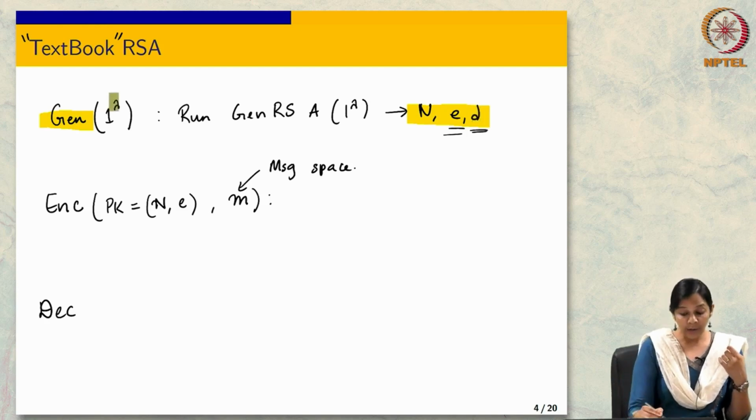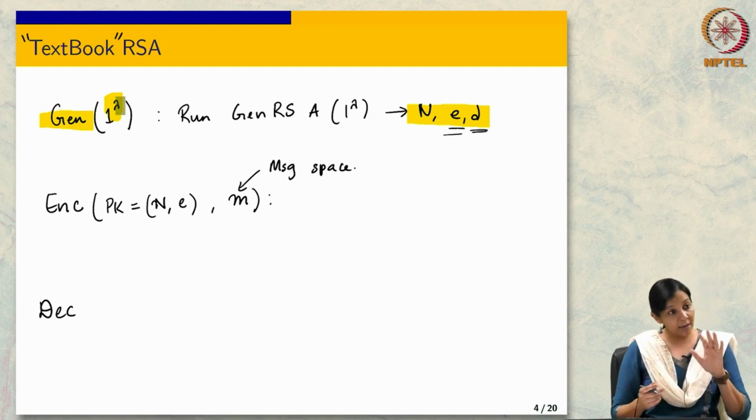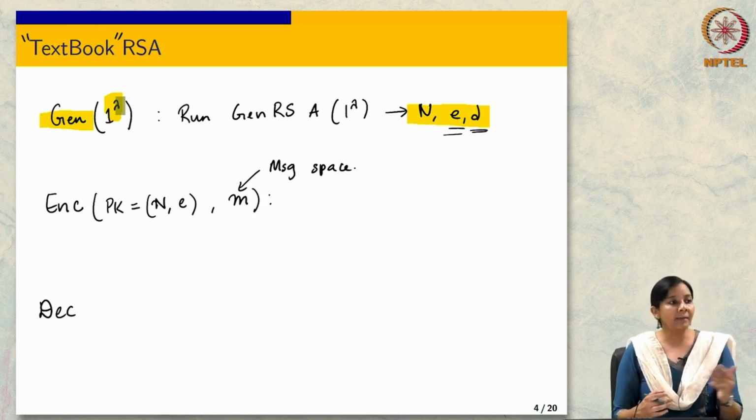What is its input? It is only the security parameter. The key generation algorithm does not have any message. So that is another basic syntactic reason why I cannot set the message as the private key. Nevertheless, it is a nice way of thinking. So, let us take that further.